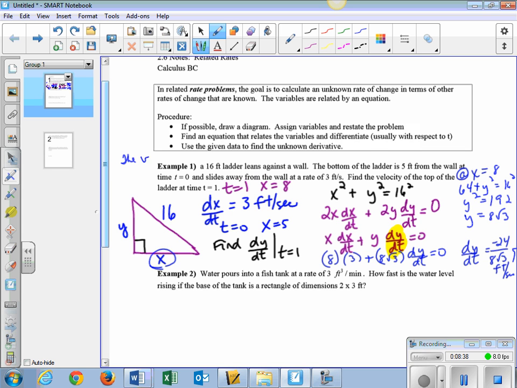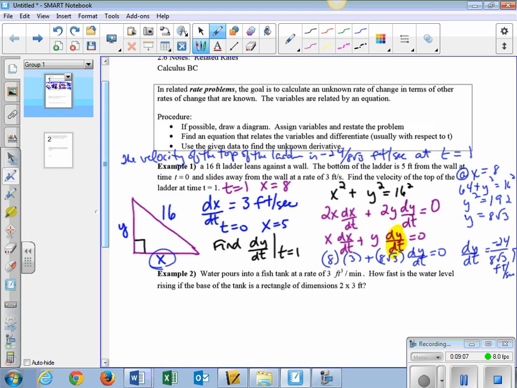The velocity of the top of the ladder is negative 24 over 8 radical 3 feet per second at t equal to 1. Okay, velocity of the top of the ladder is negative 24 over 8 radical 3 feet per second at t equal 1.